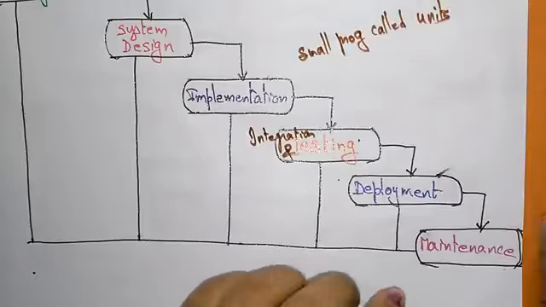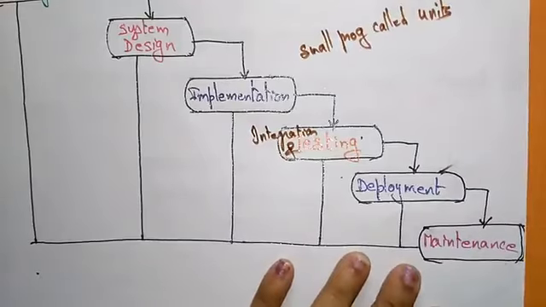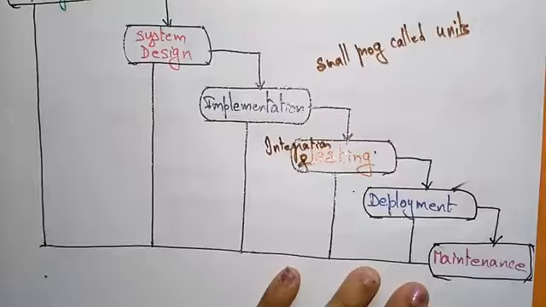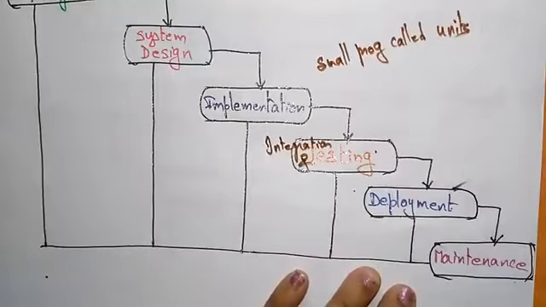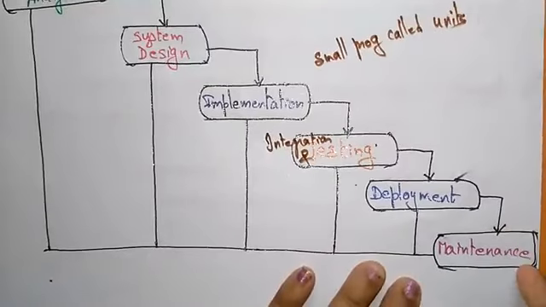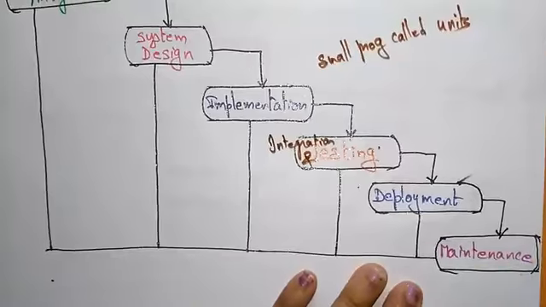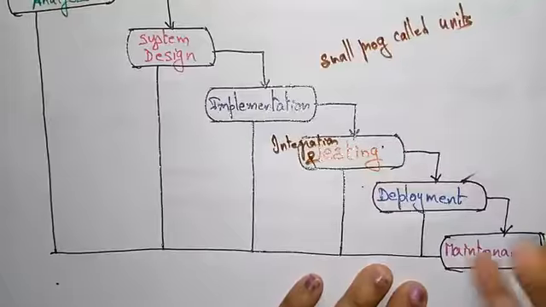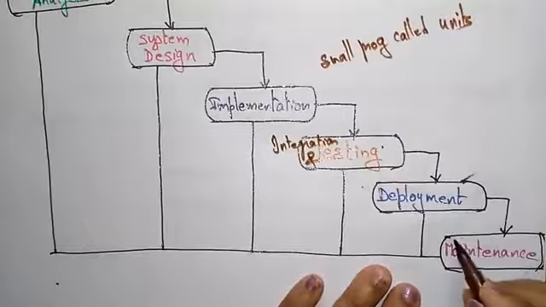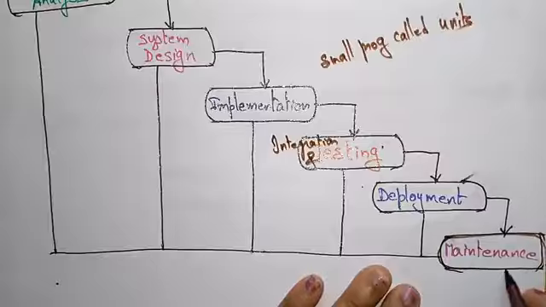Even though your project is over and your product was delivered, if any issues come up from the client environment, you have to fix those problems. And if they want any enhancement to that product, you have to add it and release it again. That stage you call maintenance.